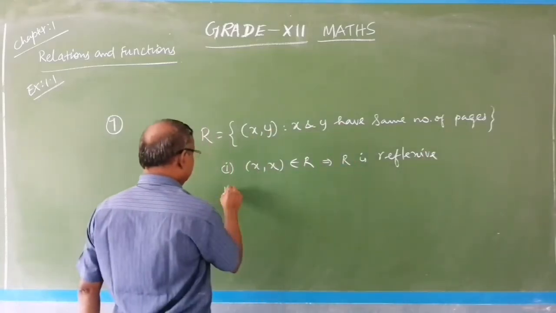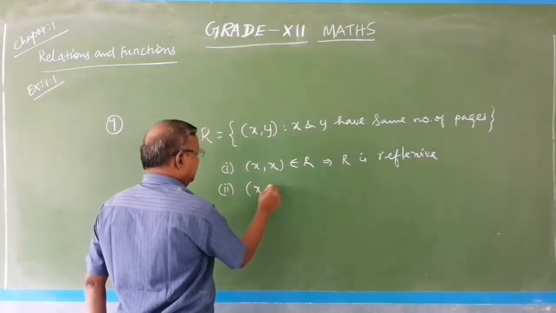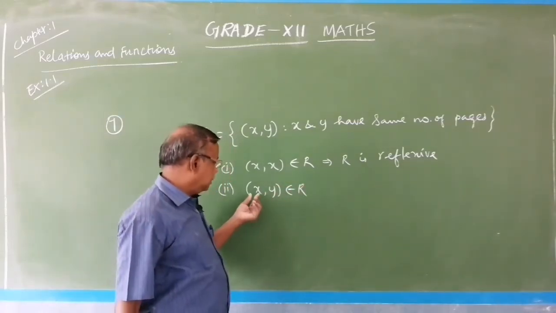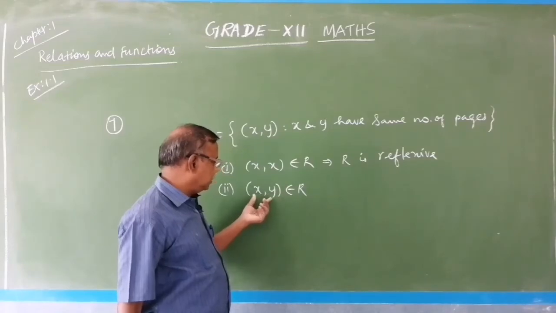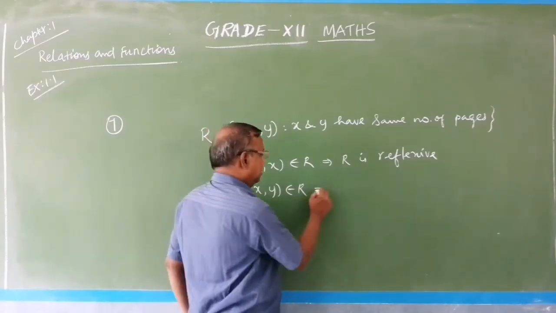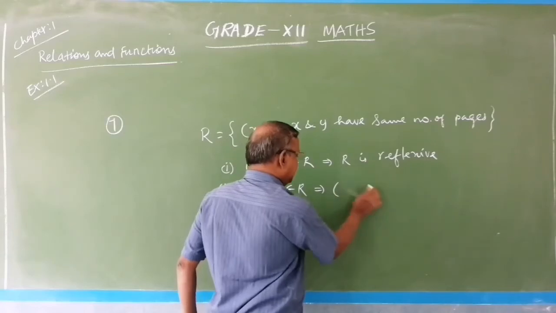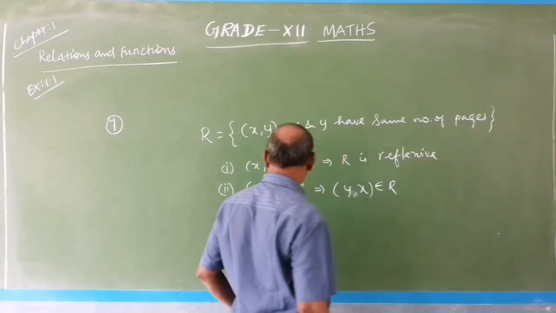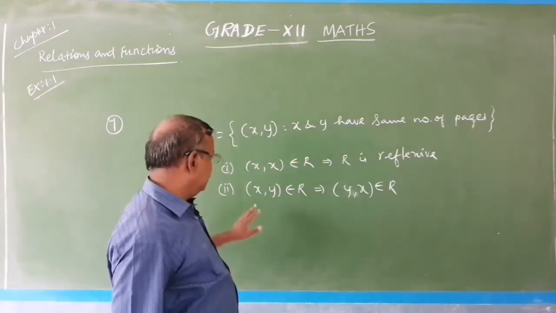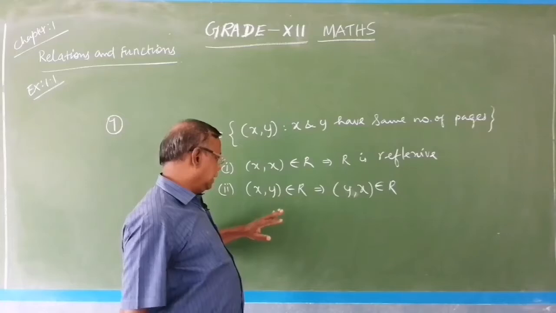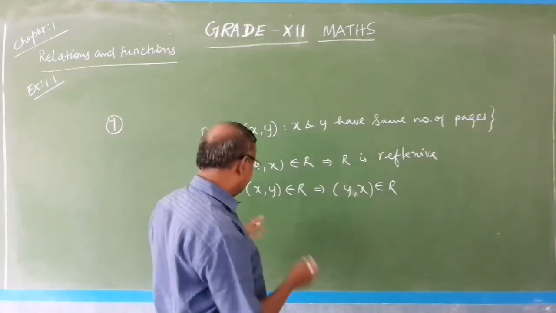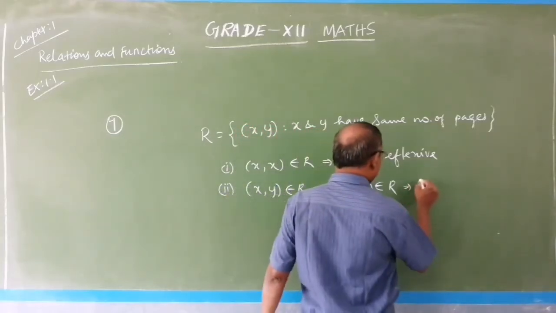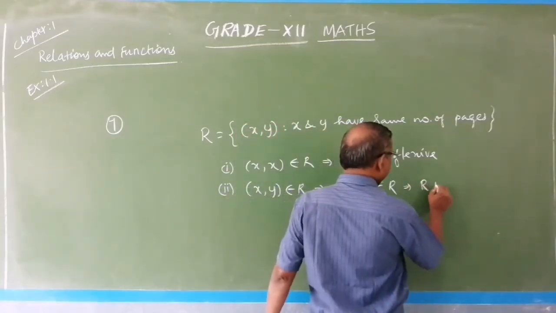Second, if (x, y) belongs to R, that means x and y are two books that have the same number of pages, so y and x also have the same number of pages. Reversing, (y, x) also belongs to R, which gives R is symmetric.